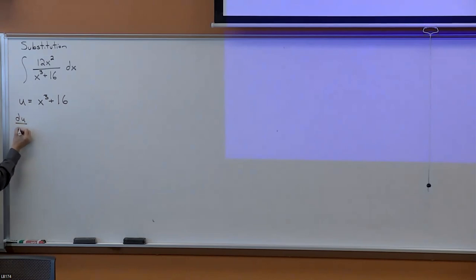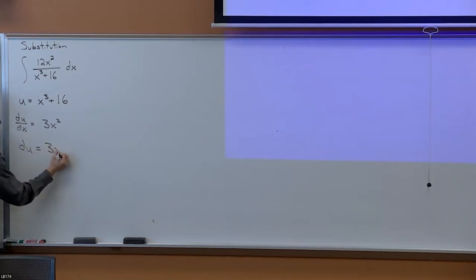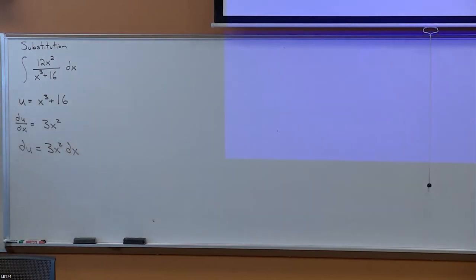And then when I take the derivative of u with respect to x, I end up with 3x squared. So my du dx exchange is that du is equal to 3x squared times dx.